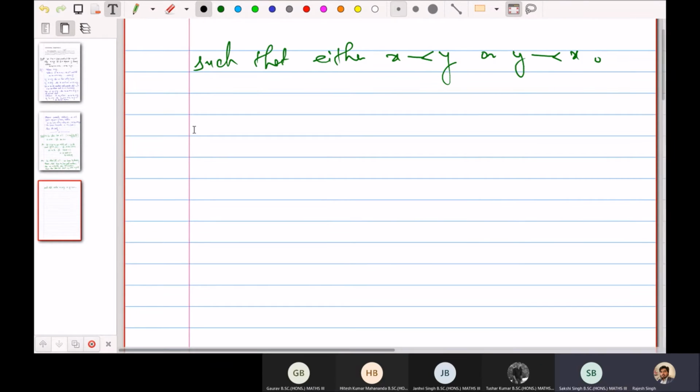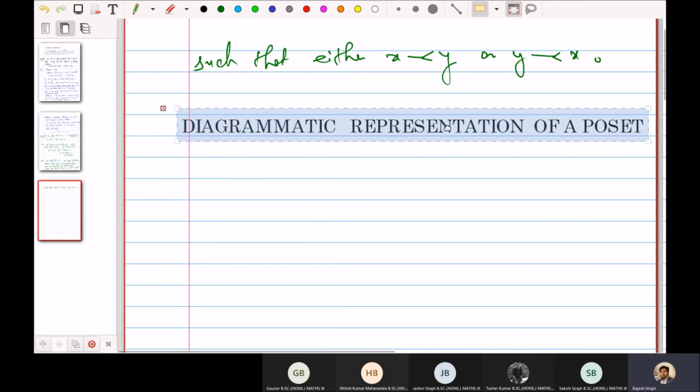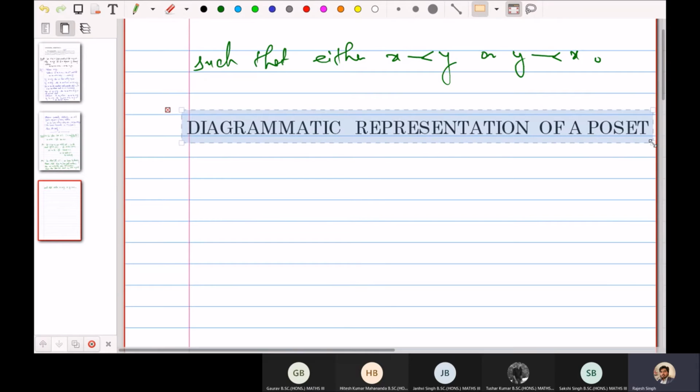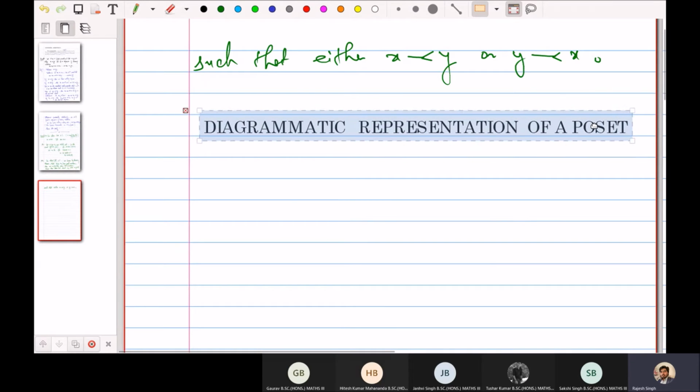Yes, sir. Now we are going to do diagrammatic representation of a partially ordered set. So how to represent a poset diagrammatically?